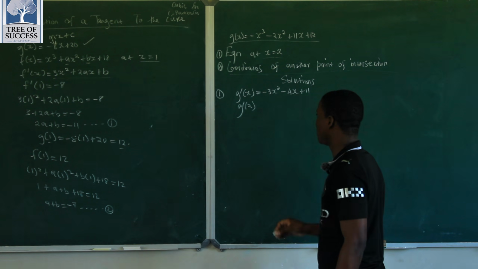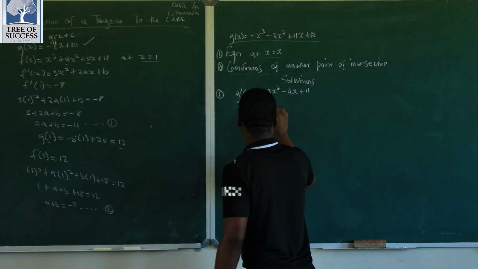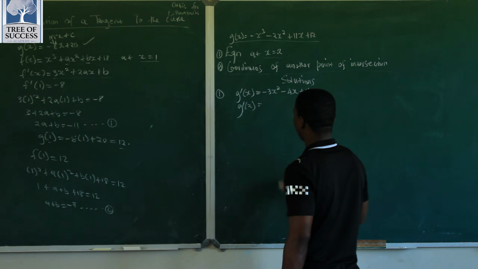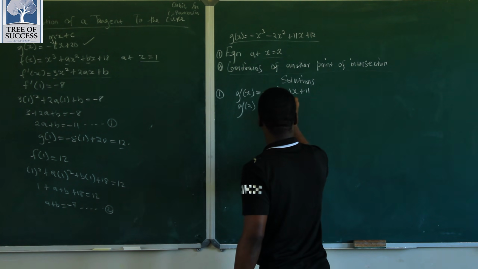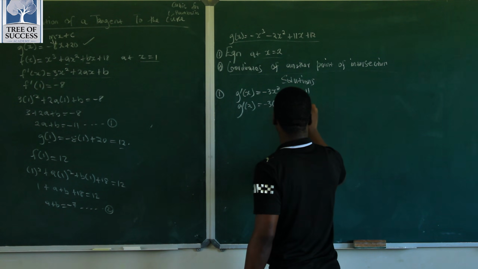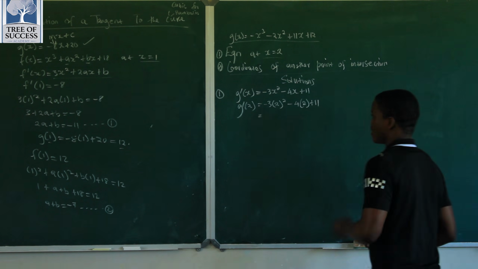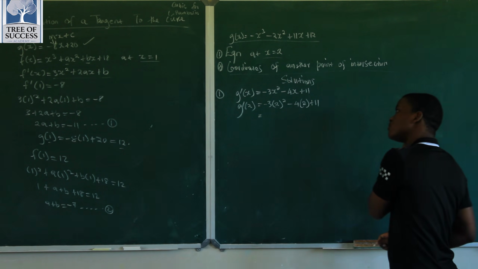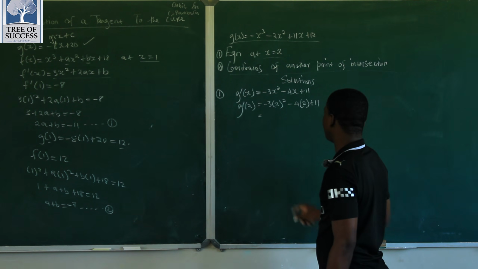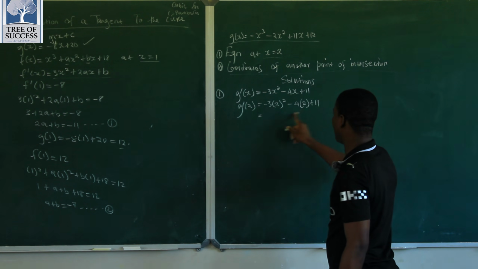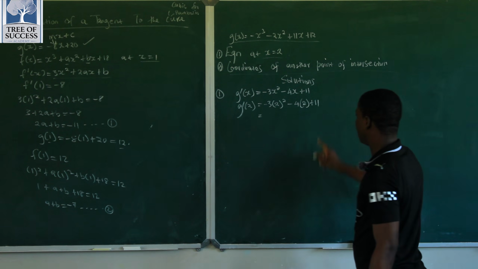plus 11. G prime at 2 will be, okay, so substitute: it's negative 3 into 2 squared minus 4 into 2 plus 11. What do you get? Use your calculators. This is minus 12 minus 8 plus 11.